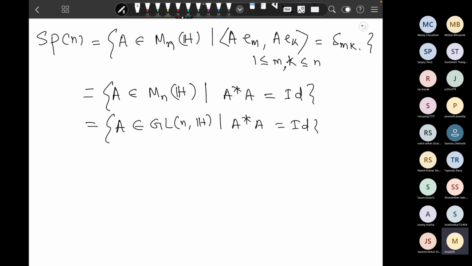I have told you that in M_n(H) we always equip the subspace topology from R^{4n^2}. I have shown that GL_n(H) is a closed subgroup of GL_{2n}(C).